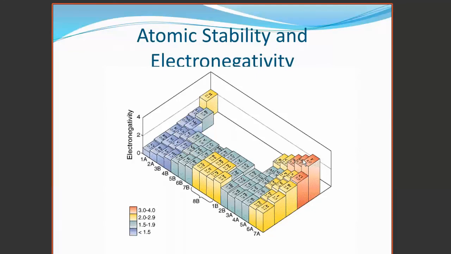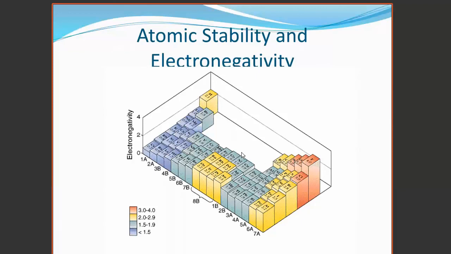All the other elements are compared to fluorine. The electronegativities may be calculated different ways, and what's shown here is using a method determined by Pauling, and is calculated using the bond energies that these elements will have with fluorine.